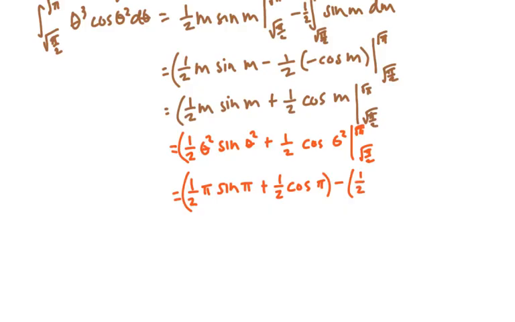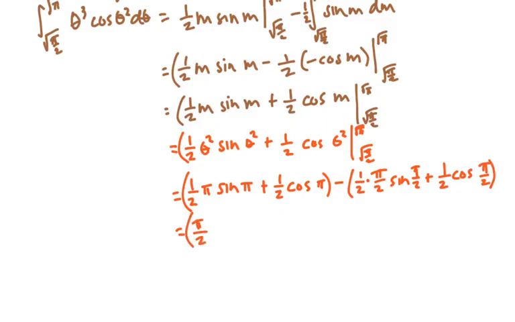The square root of pi over 2, squared, is pi over 2, times sine of pi over 2, plus 1/2 cosine of pi over 2. So now you need to go back and think about your trigonometry. So we have pi over 2. 1/2 times pi is pi over 2.